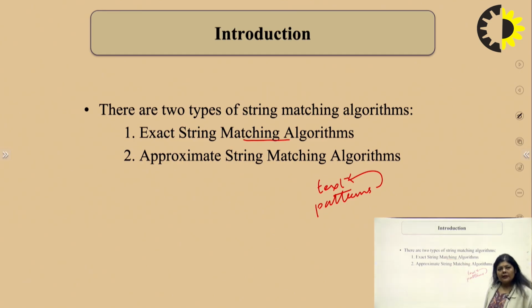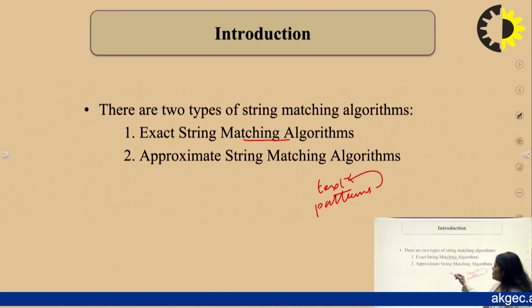The second category is where we are not interested in finding an exact match, and there could be different factors why we are not interested in that. If we are not looking for the exact match and we are satisfied with some approximation of the matching pattern, then these types of algorithms are called approximate string matching algorithms.